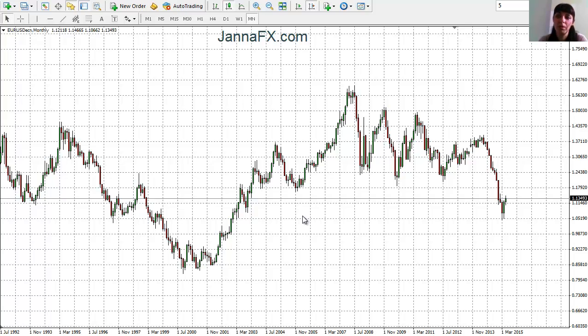So you would find different triangles, head and shoulders, double bottoms, double tops. There are different things which usually happen between the trends, and everybody is trying to find those triangles or channels. I call them channels, triangles.